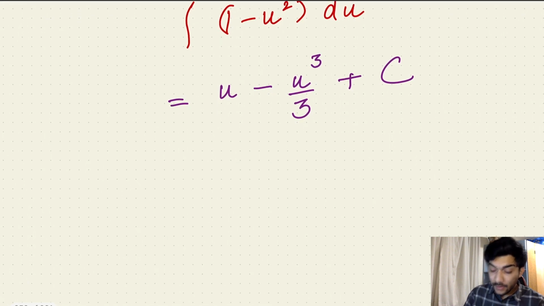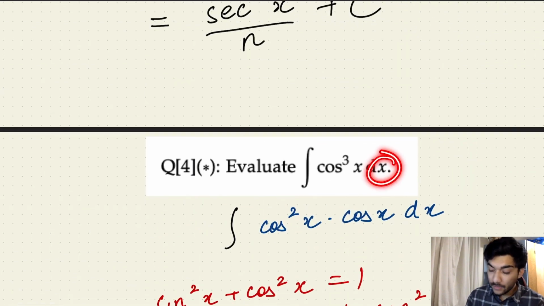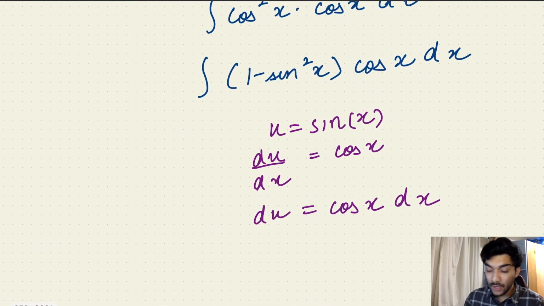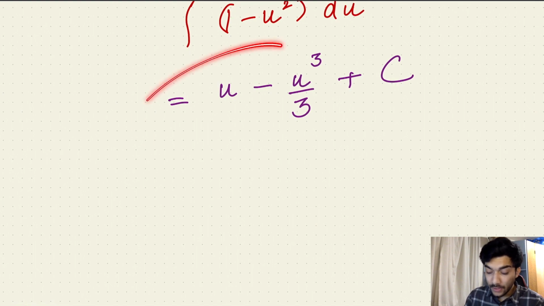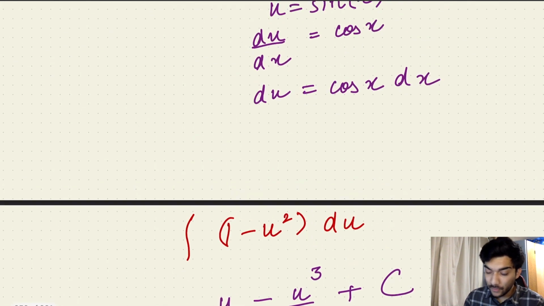But now this answer, again, as we discussed in the previous video, is in terms of u, but you want the final answer to be in terms of x over here, right? Because you were calculating your indefinite integral based on the variable x, so you have to have your final answer in terms of x and not in any other variable form, right?